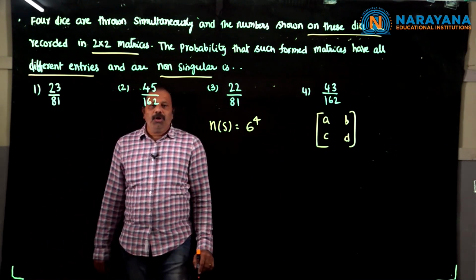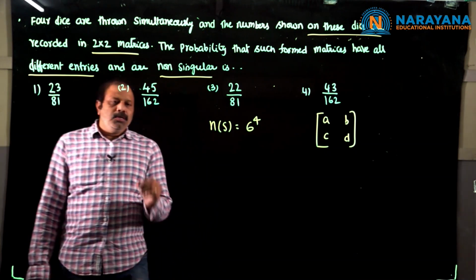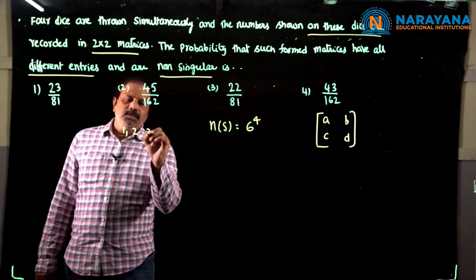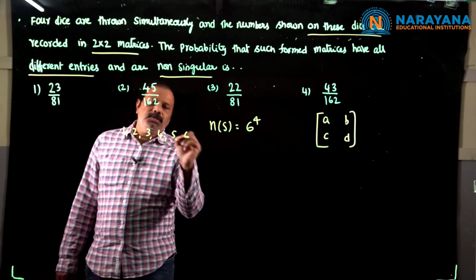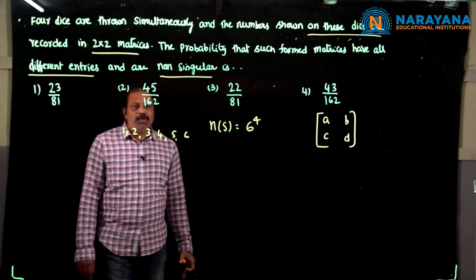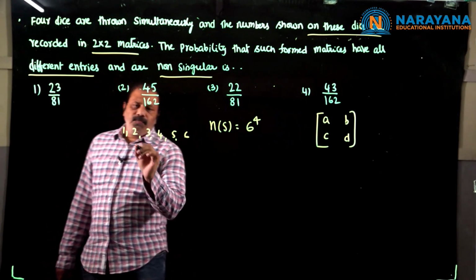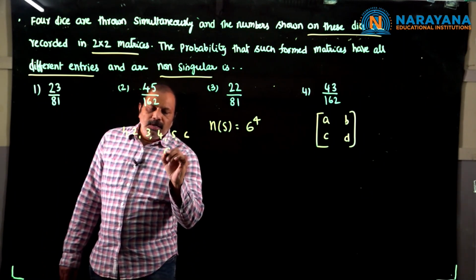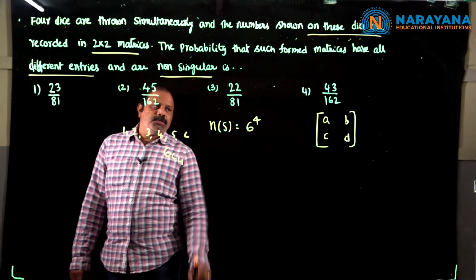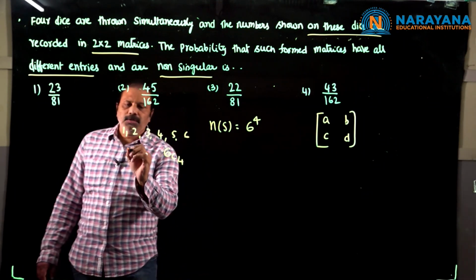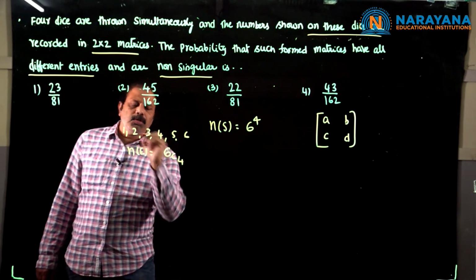Let us check how many different entries are there. So, totally there will be 6 possible faces: 1, 2, 3, 4, 5, 6. These are the possible upturned faces. In this, I need to select 4 different faces. It can be done in 6C4 ways.